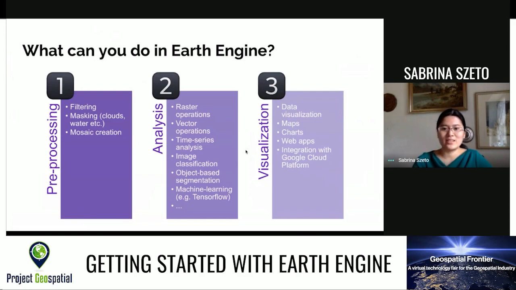I've seen examples which have created segmented fields using the segmentation algorithms available. And now there's also an increased connection between Earth Engine and TensorFlow. So in addition to the basic machine learning algorithms like random forests and support vector machines that are in Earth Engine, you can use TensorFlow and neural networks to do more advanced machine learning.